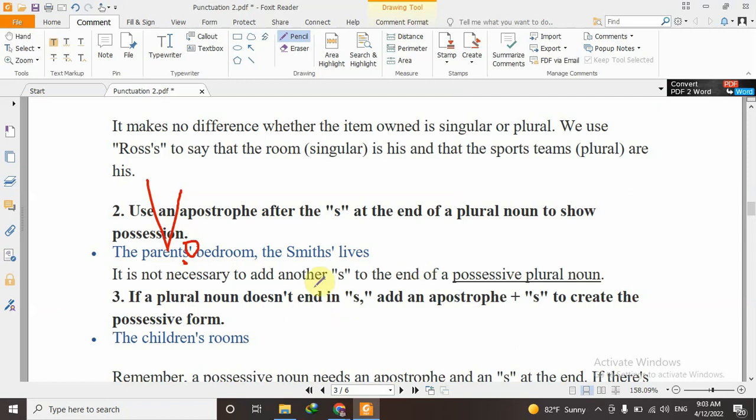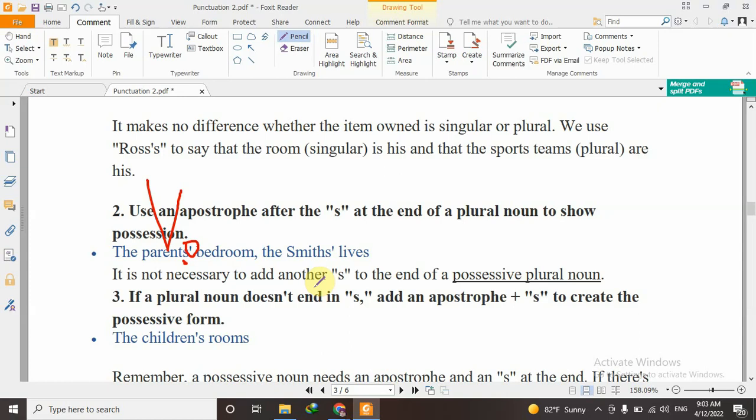Now, I imagine you have a question in your mind: what about words that do not become plural by adding the plural s? We sometimes change the shape of the word to make it plural, like the word child, children; mouse, mice; foot, feet; tooth, teeth.